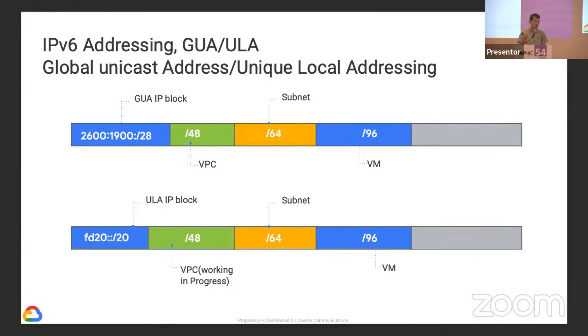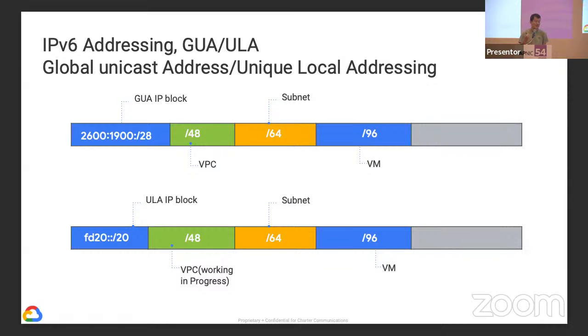We design it in a certain way: /48 for the VPC and /64 for the subnet. Then the cloud with IPv6 is quite different. For IPv4, each virtual machine previously got a unique /32 address, right? With IPv6, normally you would get a /128 address for each individual virtual machine, but we don't want to.